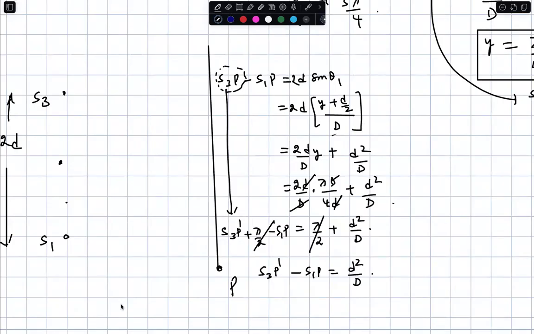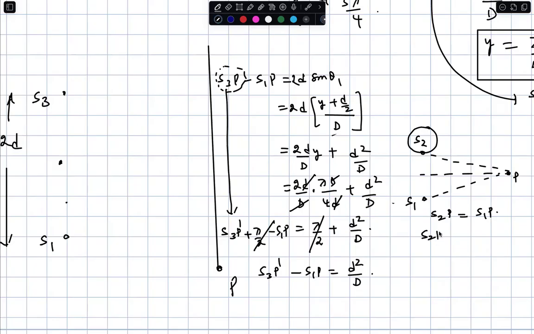Out of phase means, I'll explain. For example, you have S2, you have S1, you have point P. If they are in the same phase, S2P is same as S1P. If they are in different phase, you should not write it as S2P.